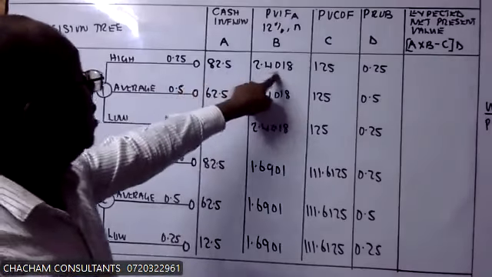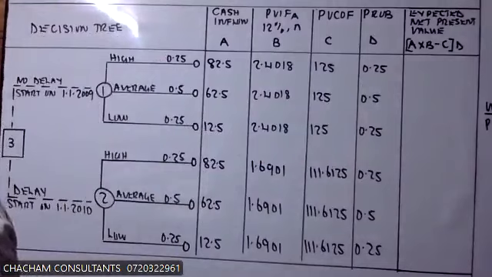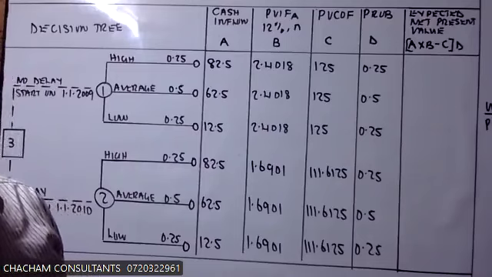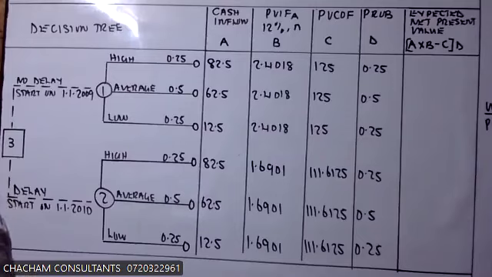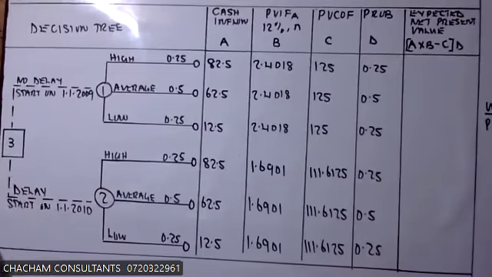So uchukue this one times this minus this equals, then multiplied by 0.25. $18.287.